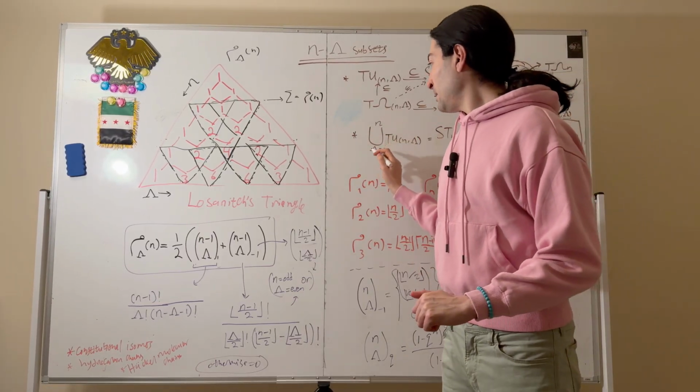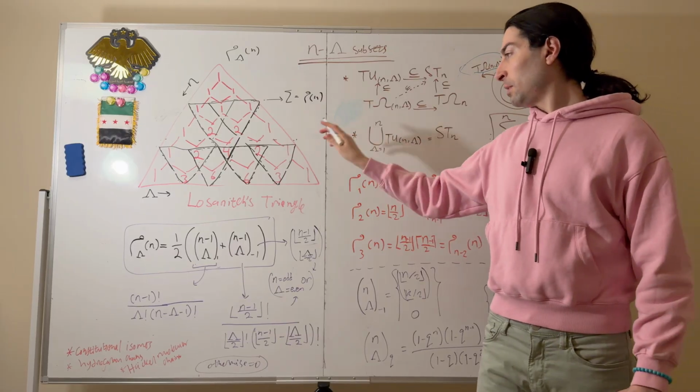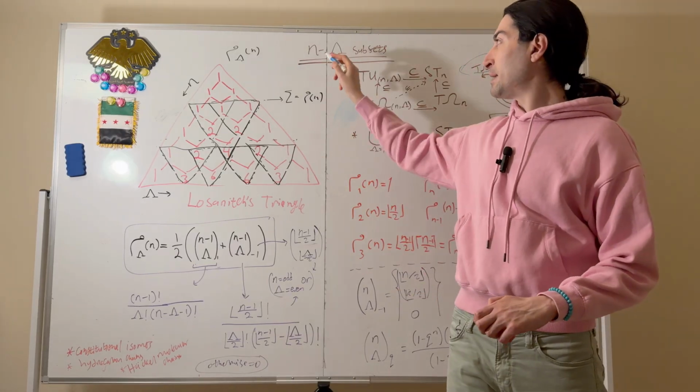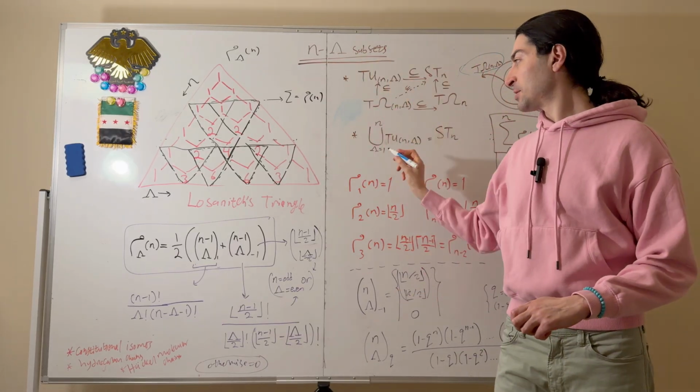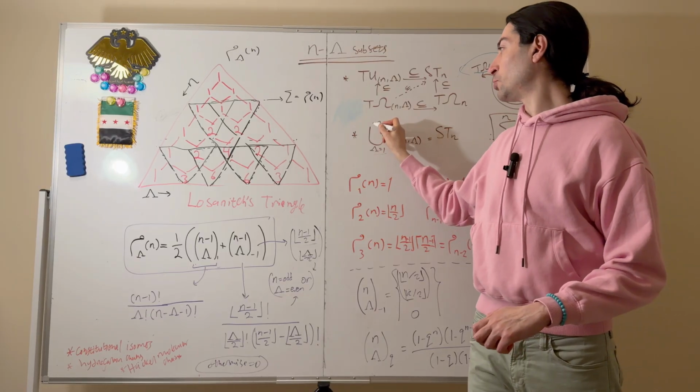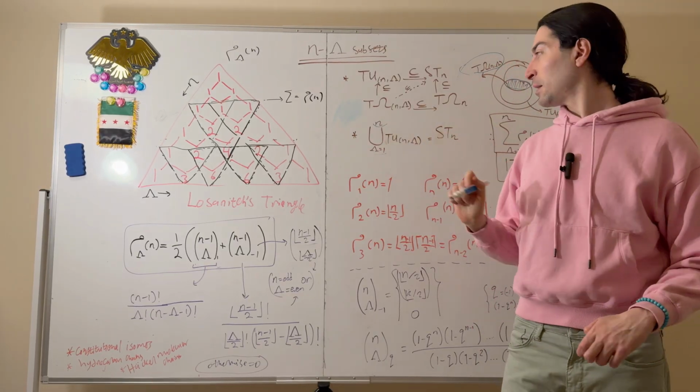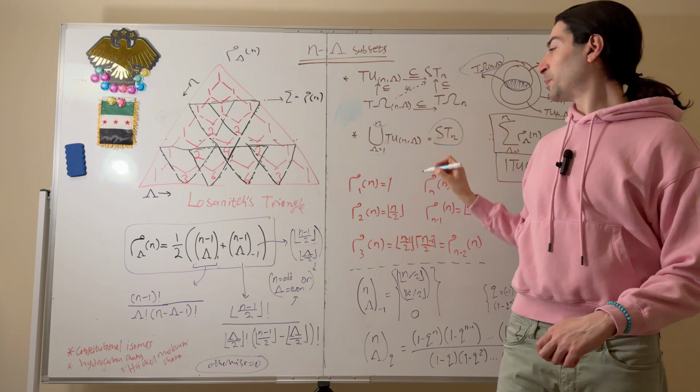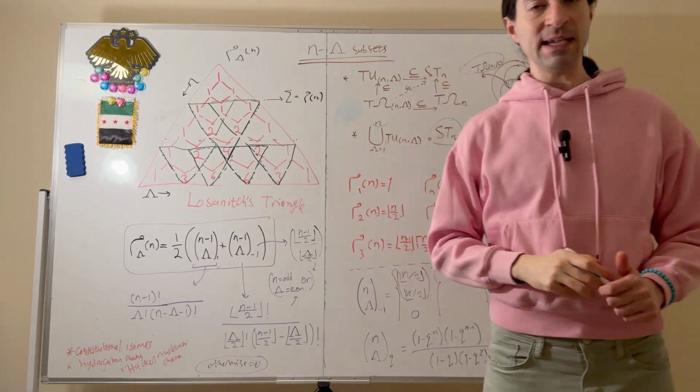So we will say that the union of all the n lambda subsets, starting with lambda equals 1 to lambda equals n, gives us the complete set STn.